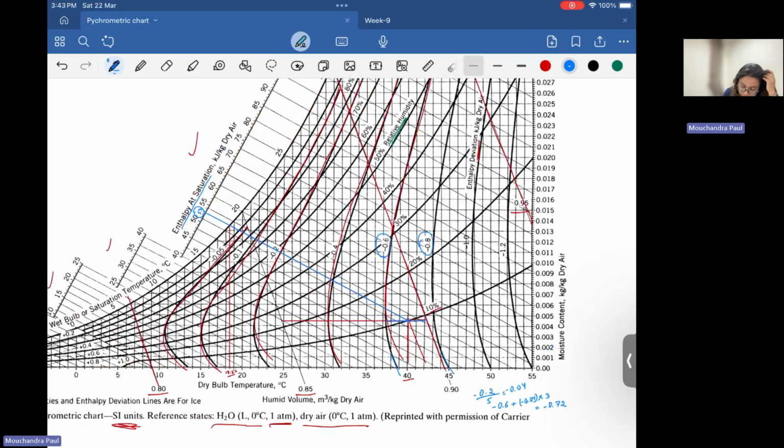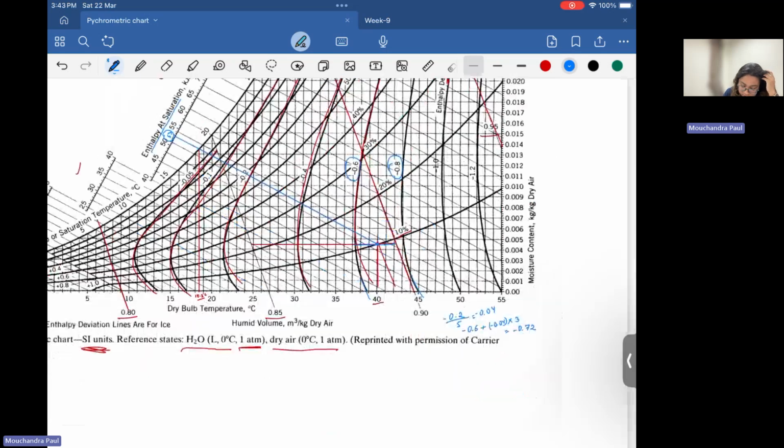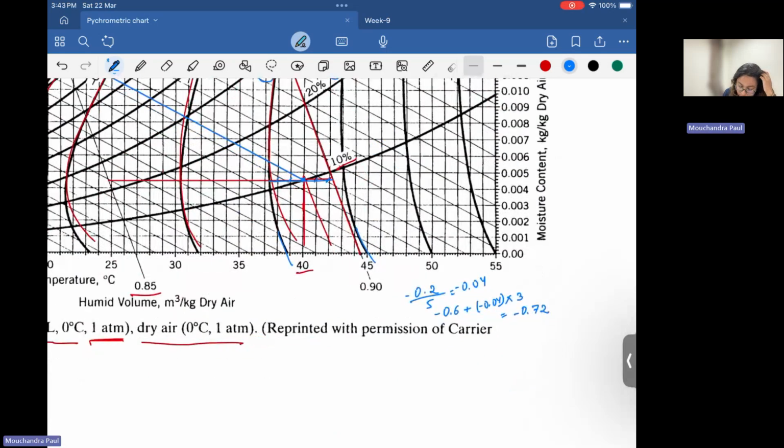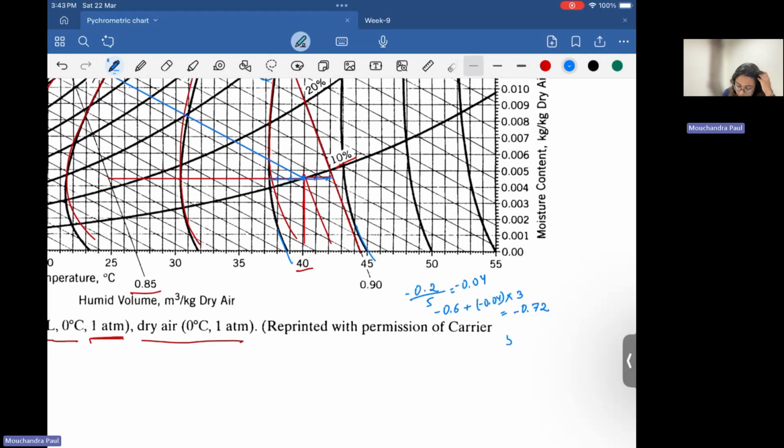And you saw the enthalpy saturation is 53. So at the given condition, your specific enthalpy will be 53 minus 0.72, that is 52.28 kilojoule per kg of dry air.